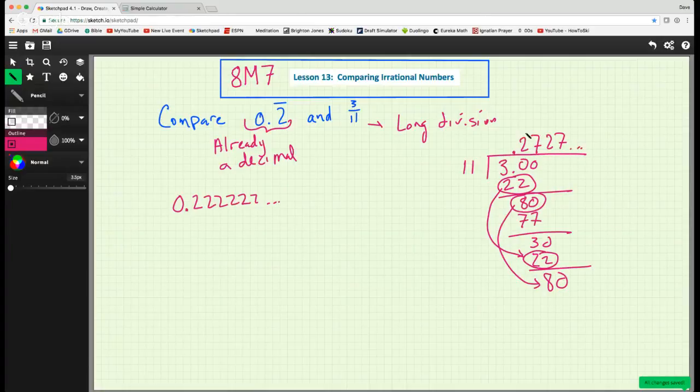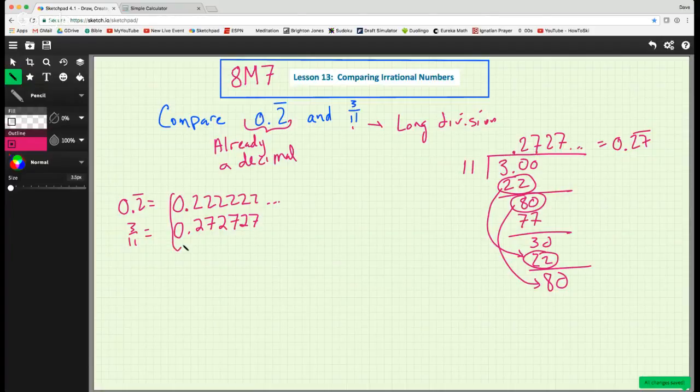So this is 0.272727. So we get 0.27 with a bar. Now, 0.27 with a bar can be written as 0.272727. So which number is greater? This is 0.2 with a bar, and this is 3/11.